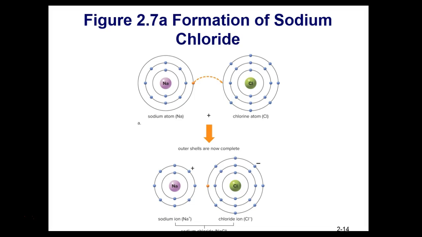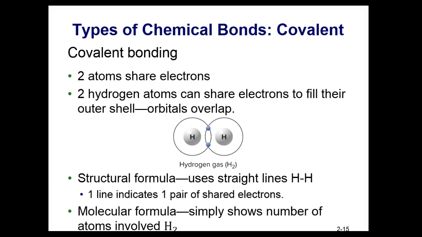The bond that's going to form between these two guys is called an ionic bond. Sodium chloride will be the end result, also known as table salt, which is what you see in figure 2.7, formation of sodium chloride. Scientific name for table salt is sodium chloride. So an ionic bond is going to form there.